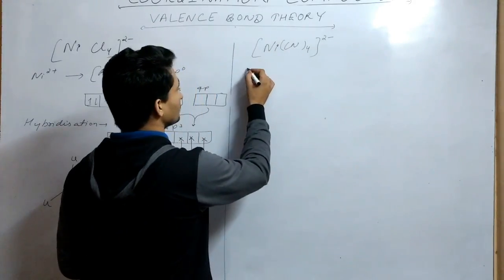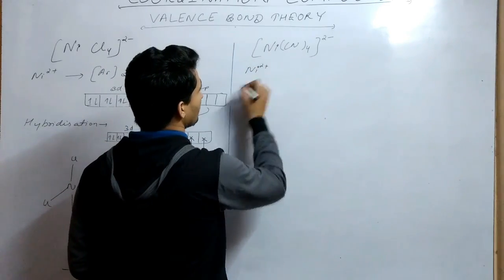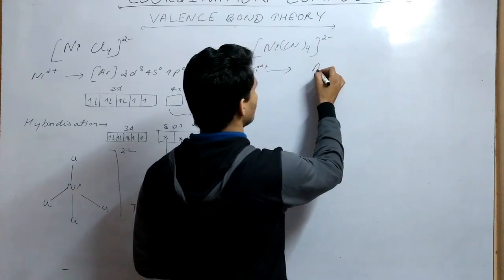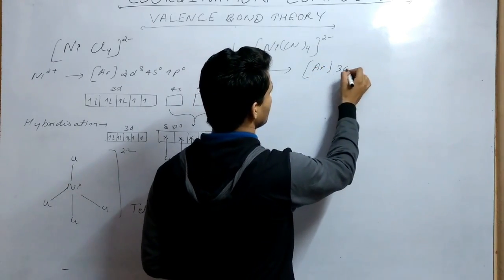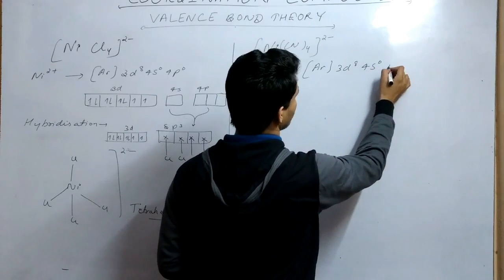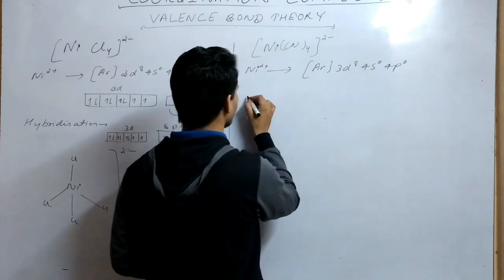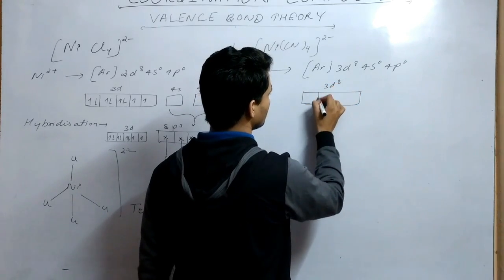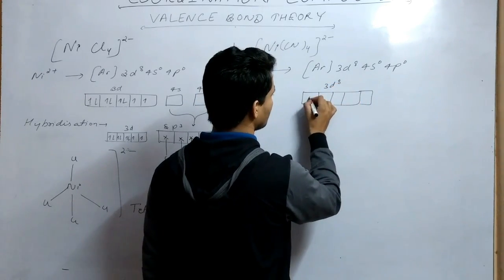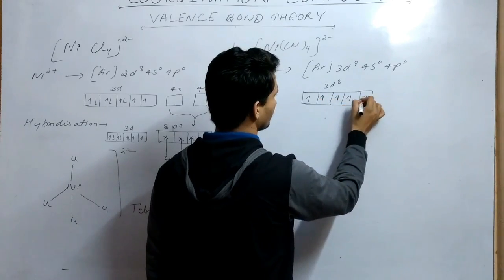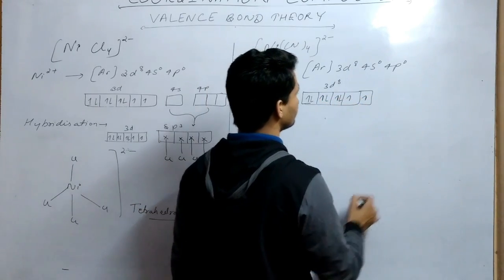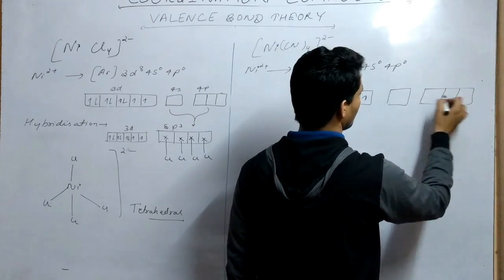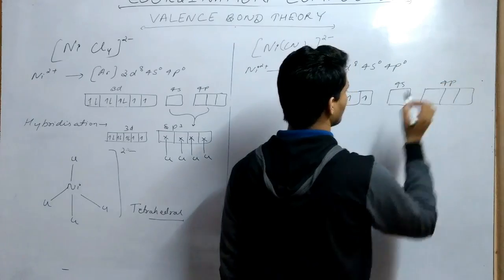Similarly, here also nickel exists as Ni2+ ion, so its electronic configuration is argon 3d8 4s0 4p0. Again, if I draw it here, 3d8, 1 2 3 4 5 6 7 8, 4s and 4p.